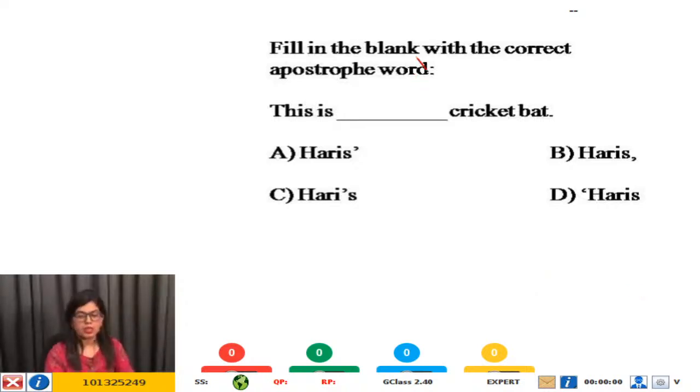Okay students, your time is up and the correct answer here is option number C.